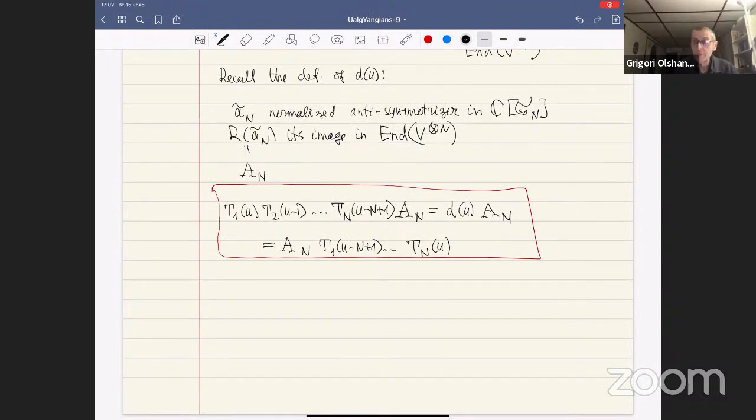Using this, we apply, roughly speaking, we simply apply our coproduct to this relation. So first we apply, let's do, we apply to this term.